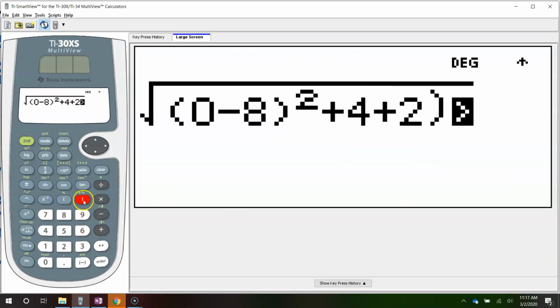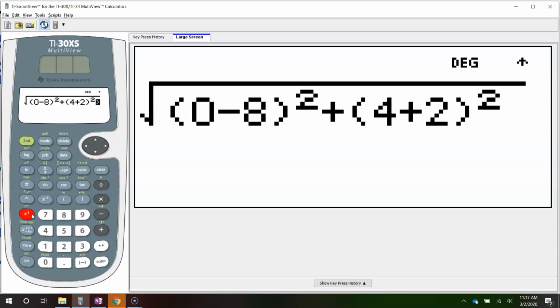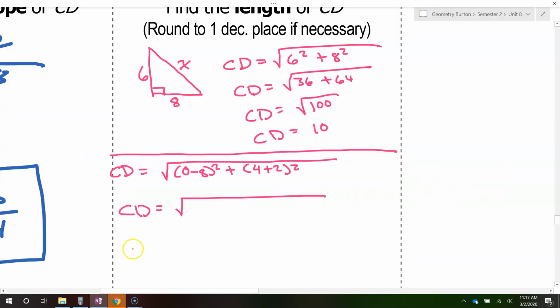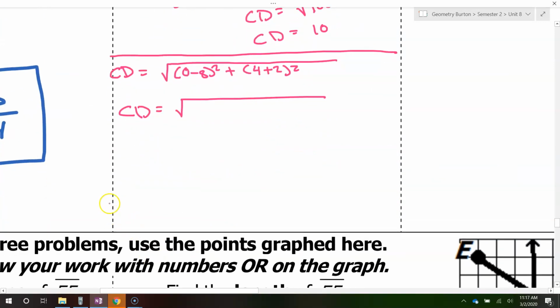All right, obviously, you should be able to do this without a calculator. 10. Okay, so using the formula, you could just go straight from here and then bam, you have 10.